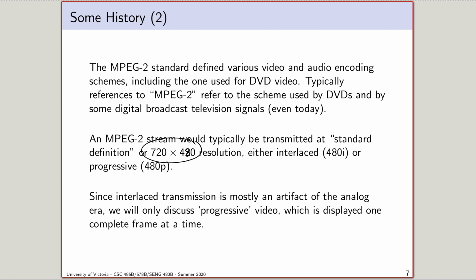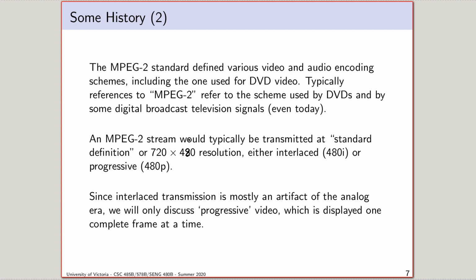So the frame was nominally bigger than that, but the viewable area was considered to be at most 720 by 480. The standard was eventually called MPEG-2, and it contained a lot of other improvements on MPEG-1 because, again, MPEG-1 was rushed out the door, and they tweaked it a bit. I think MPEG-2 came out a couple of years later. MPEG-2 was ultimately used for DVD video and by digital broadcast television at standard resolution, and that's still the case today.